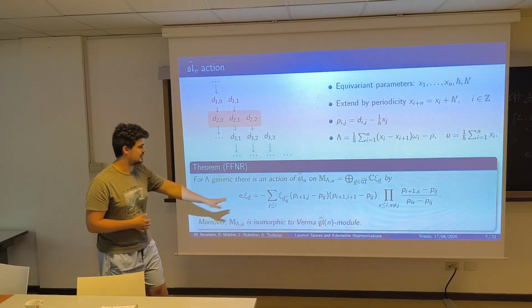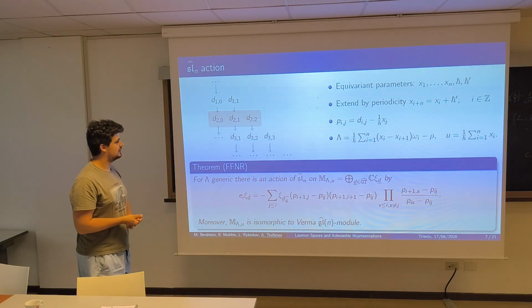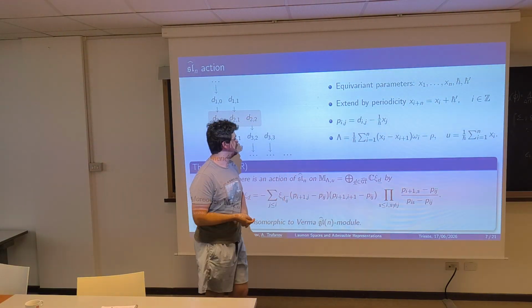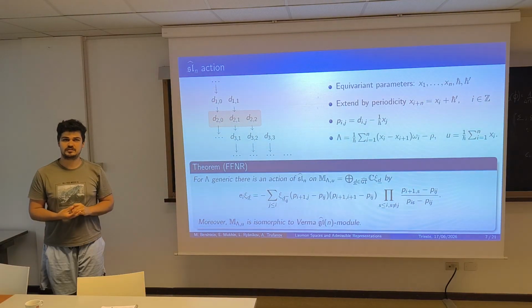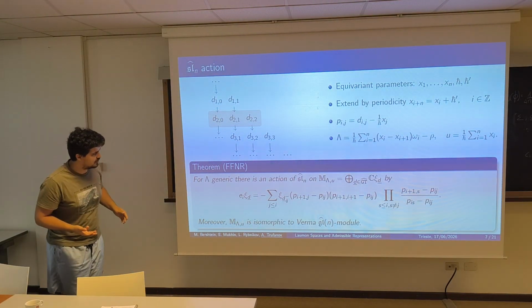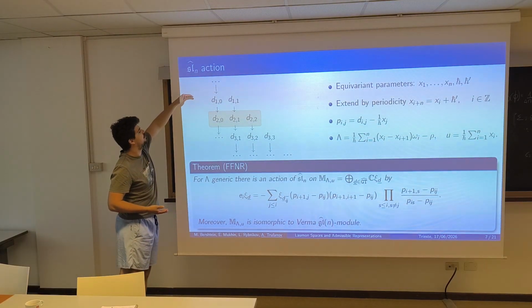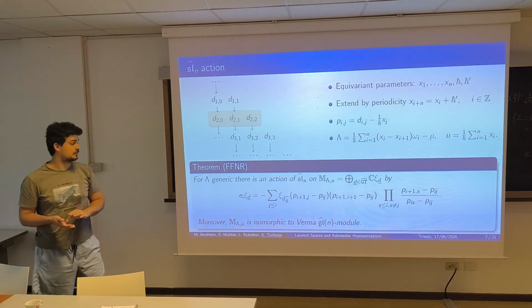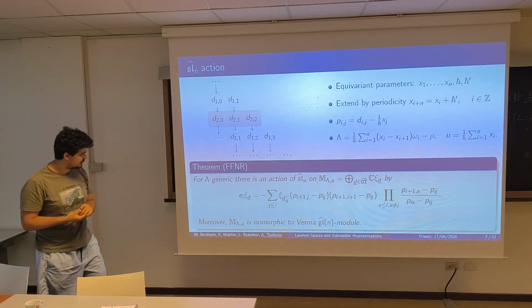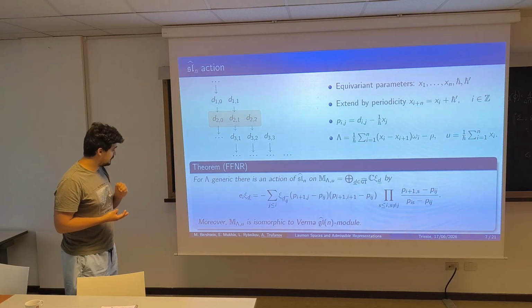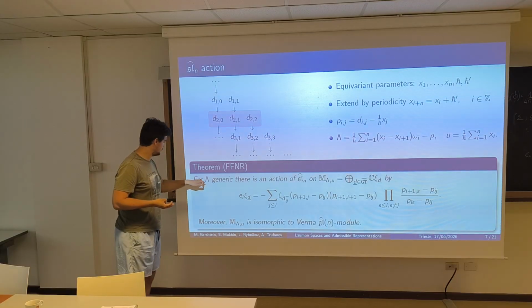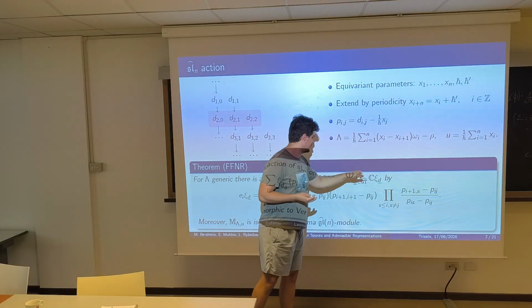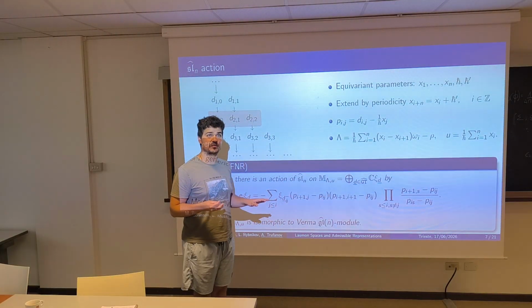And the matrix elements are some rational functions that depend on equivariant parameters, here x_i, x_j, and on the numbers that we have in the column, and also in the row and in the upper row. It could also depend on numbers in the upper row or in the lower row. So there is an affine sl_N action, and we consider the linear span of all these points.